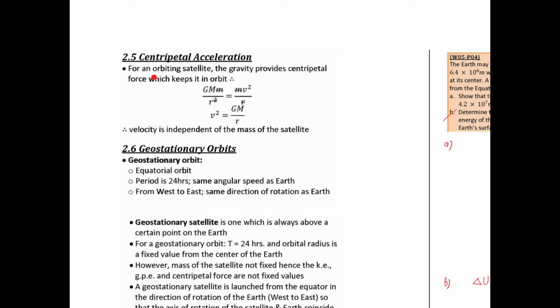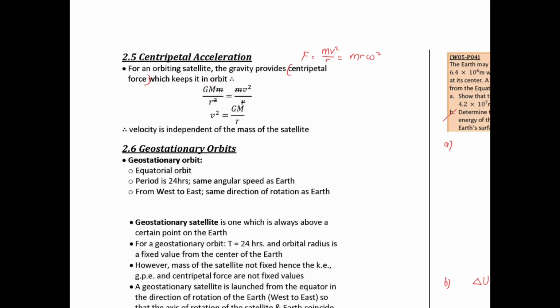So we know centripetal force is F equal to mv square over r, or mr omega square. So this is centripetal force. The other thing that we need to know here is, where does centripetal force come from?